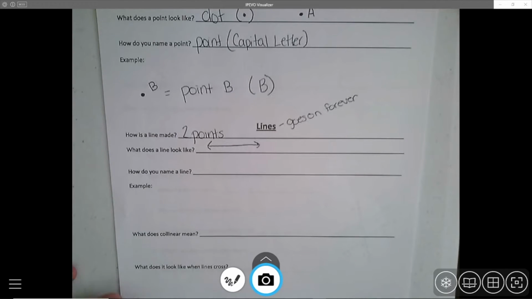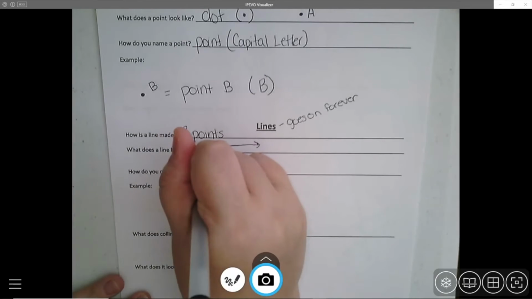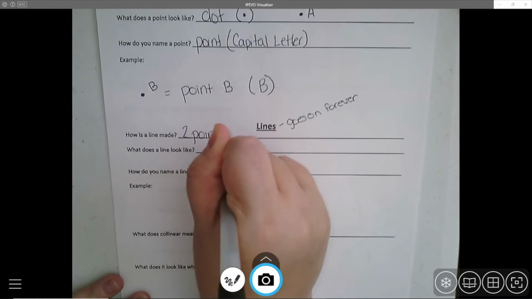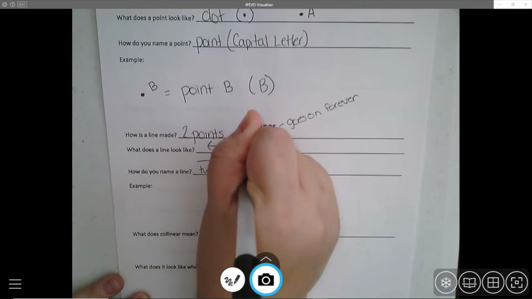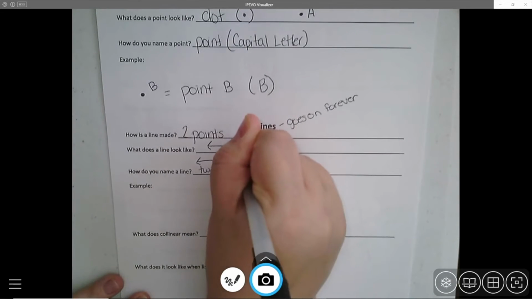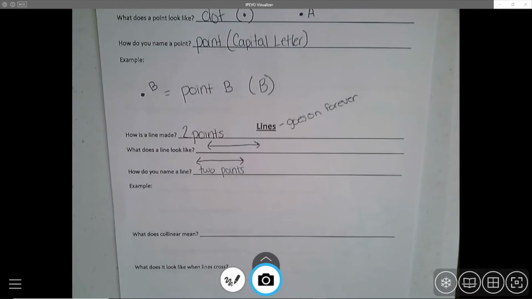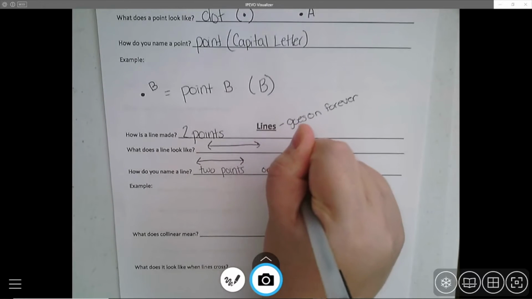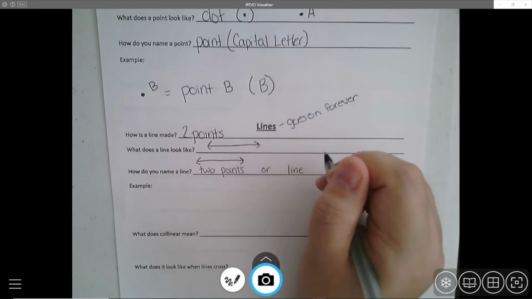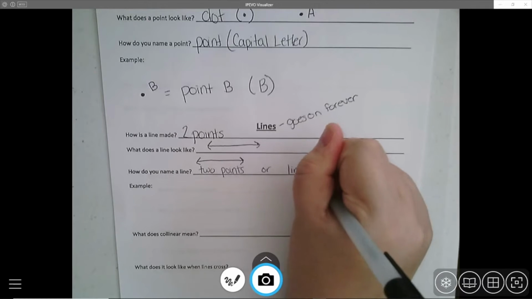How do you name a line? There are 2 ways to name a line. One way is to name it with 2 points that are on the line, with a line symbol above the 2 points. The other way to name it is to write the word line, and then you're going to have this fancy letter.